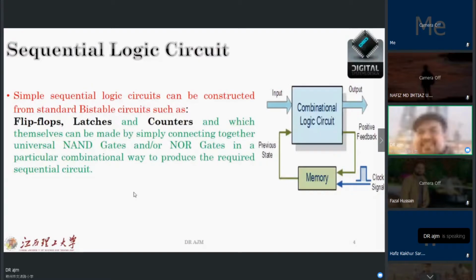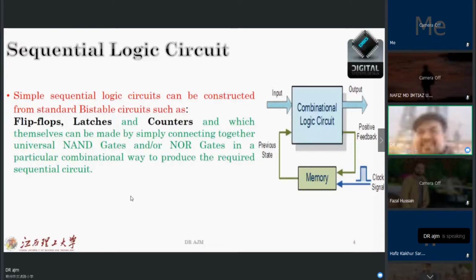some simple sequential logic circuits can be constructed from standard circuits such as flip-flops, latches, and counters.